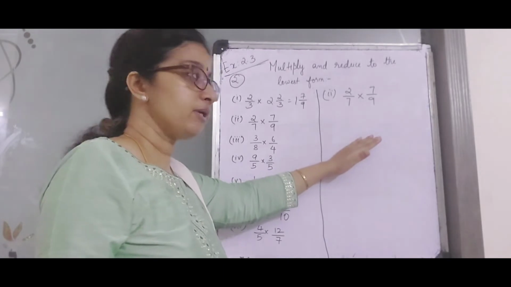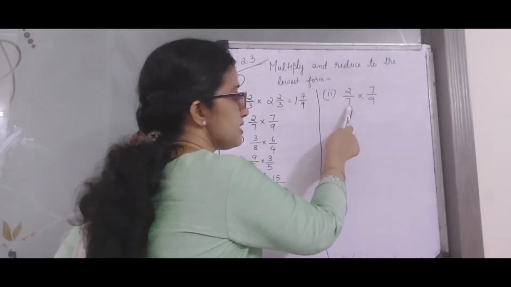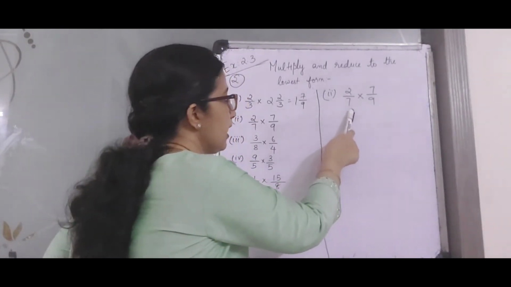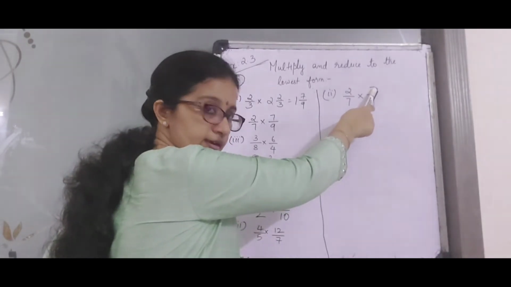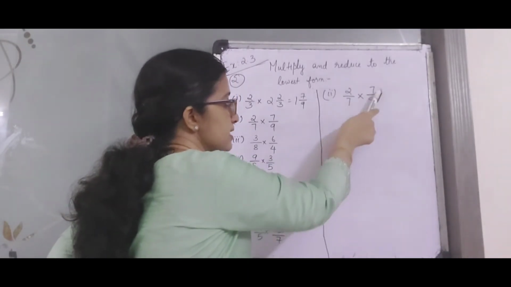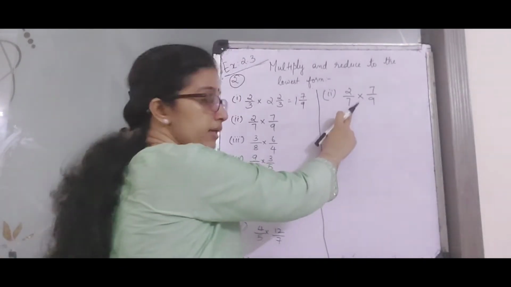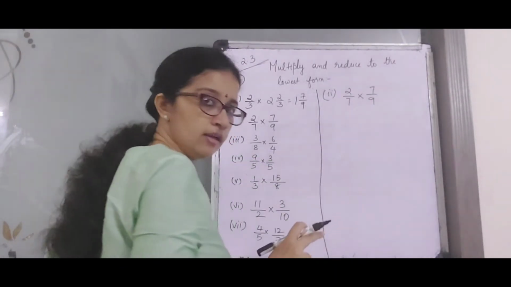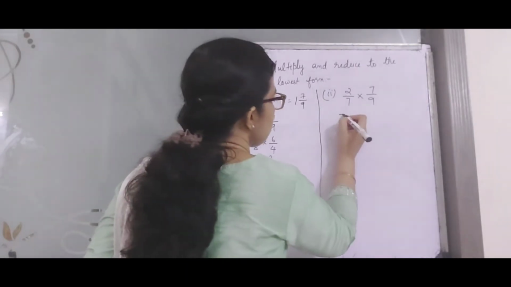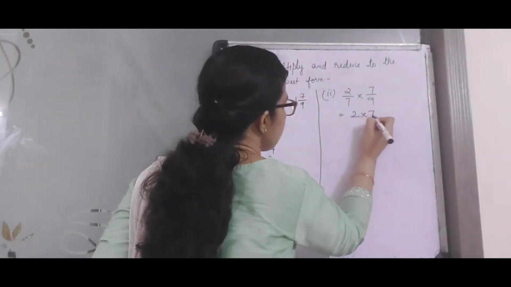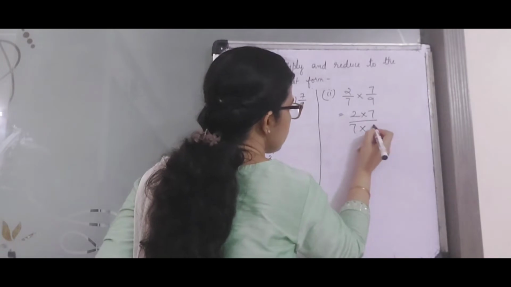Or there is an easier method. See, there is a 7 in the denominator here and there is a 7 in the numerator here, right? So these two 7s can be cancelled, right? If there is the same number in both numerator and denominator, you can cancel it. See, this can be written as 2 into 7 divided by 7 into 9, right?